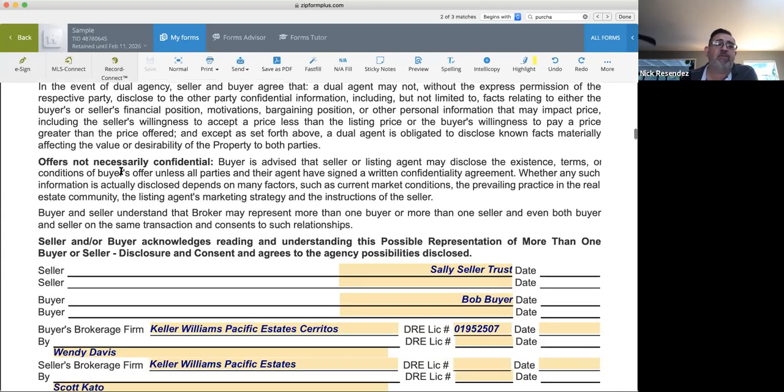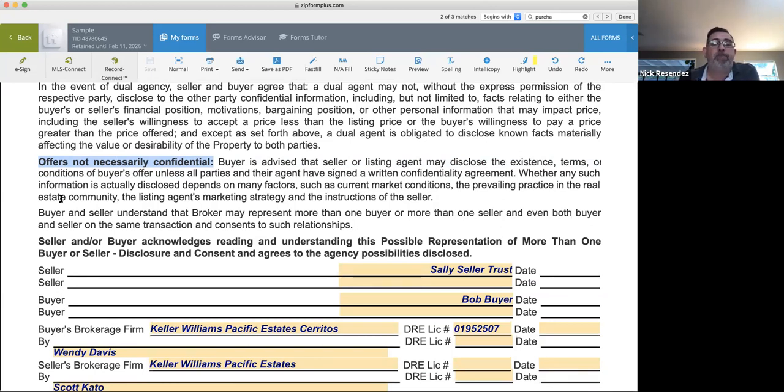The last part of this form says offers are not necessarily confidential. So buyer, we're telling you right now, the seller or listing agent may tell other buyers the terms of your offer if you don't have a confidentiality agreement. And frankly, those just are not very common, okay?